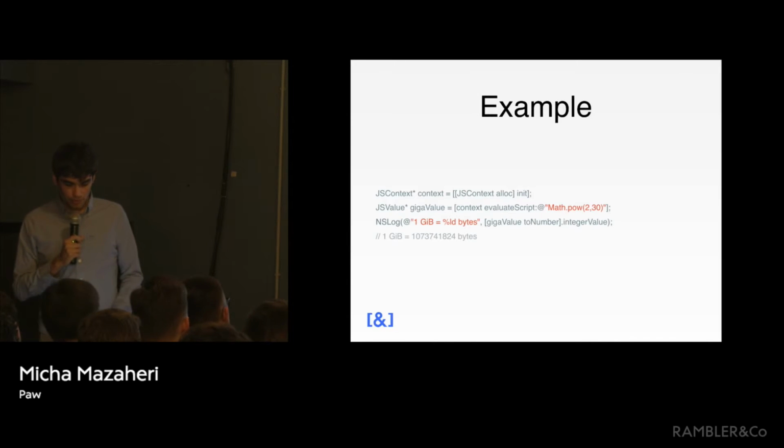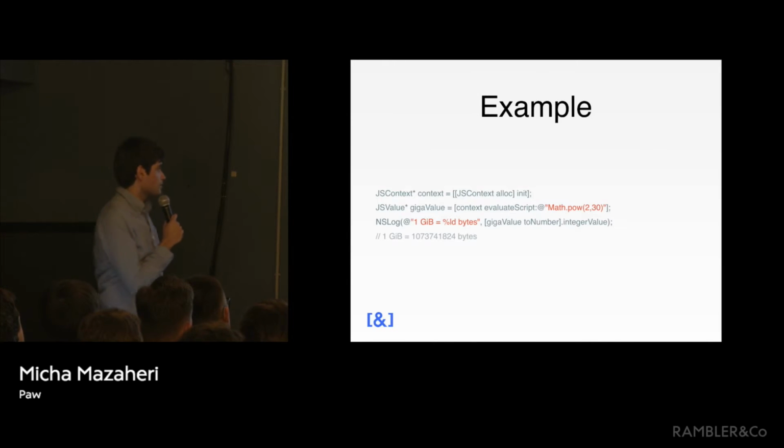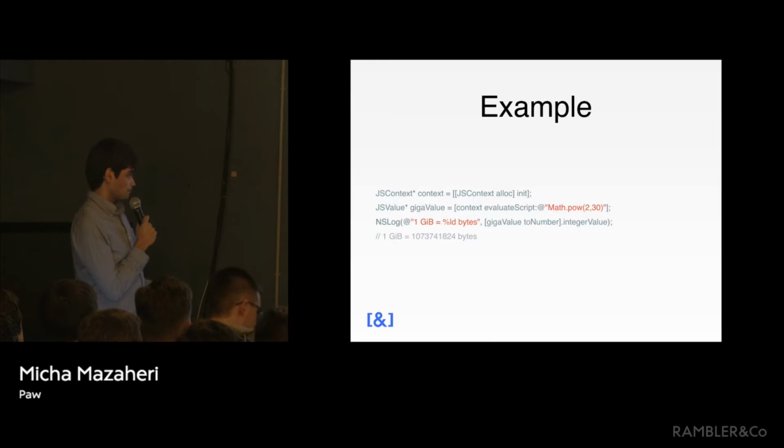So an example of JavaScript bindings with native code, something very easy. Here we have this NSString that describes the math power function, so 2 power 30 in JavaScript. We will simply call evaluate script on this JavaScript code, and we will end up with a JavaScript value.